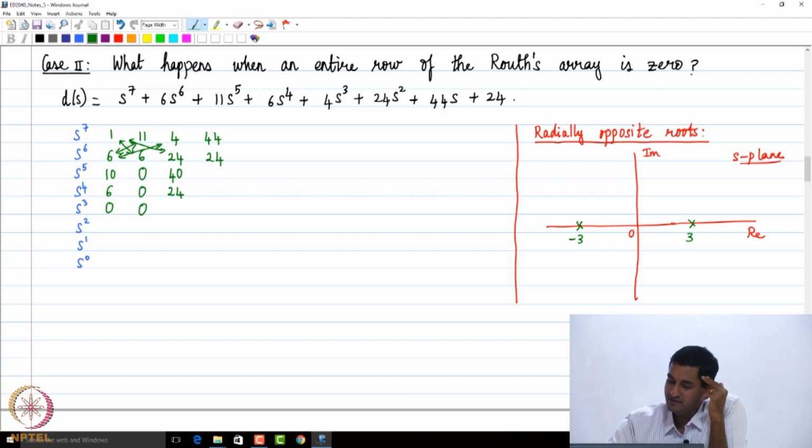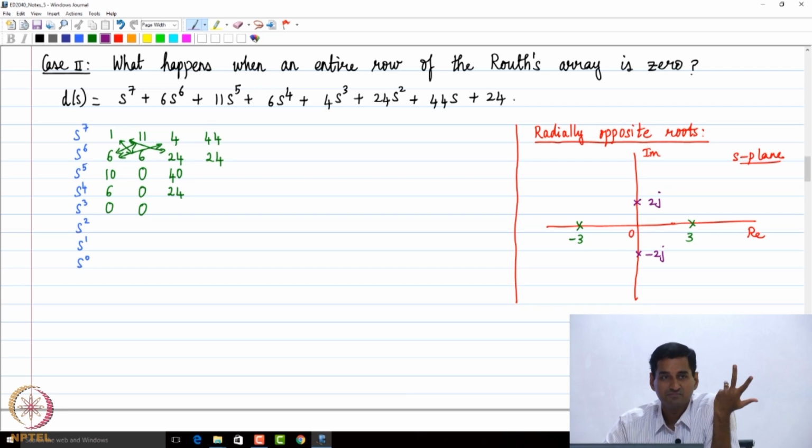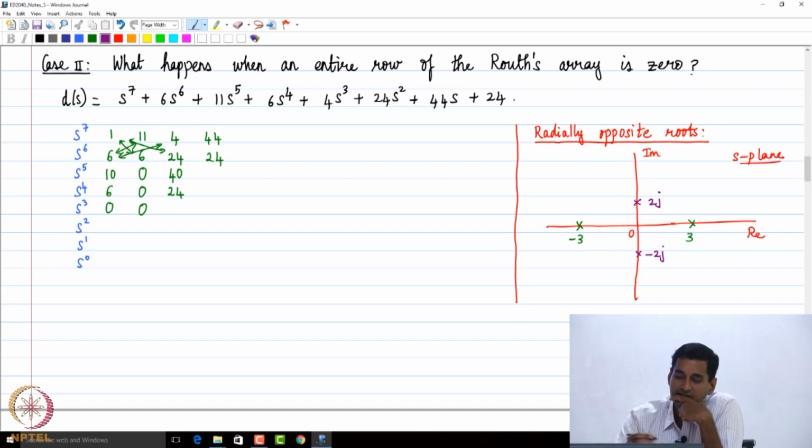Similarly, 2j and -2j form a radially opposite pair. Do you agree? On the imaginary axis, the same condition holds true. Then I can also have -3 plus 2j and 3 minus 2j forming a radially opposite pair.